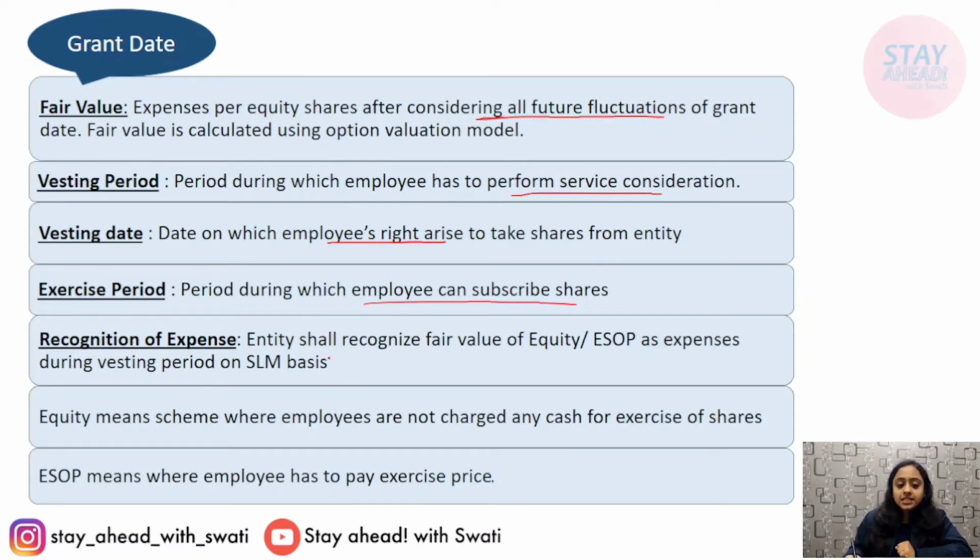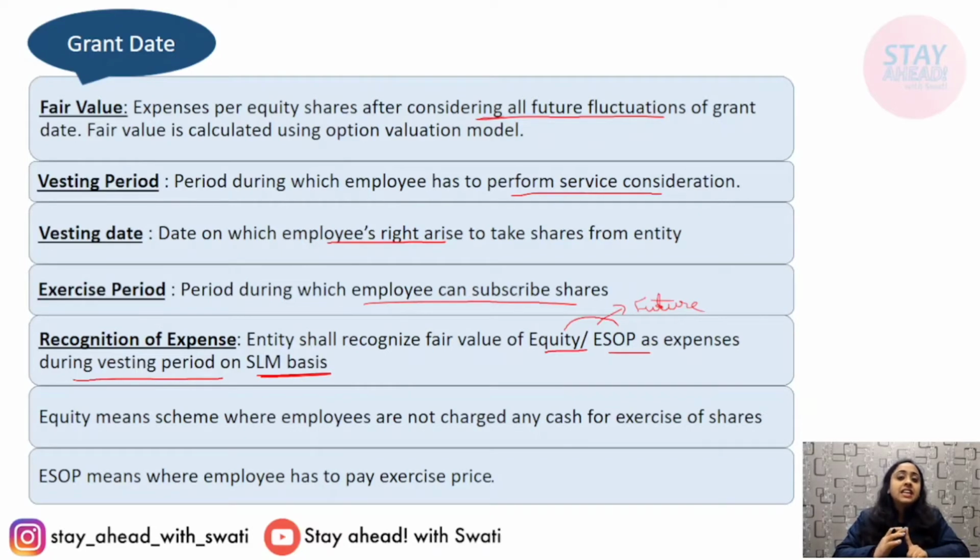Recognition of expense. An entity shall recognize the fair value of equity or ESOP as expense during the vesting period on the SLM basis. Since both are for future performance, such expense is not calculated and transferred to P&L in 1 year.